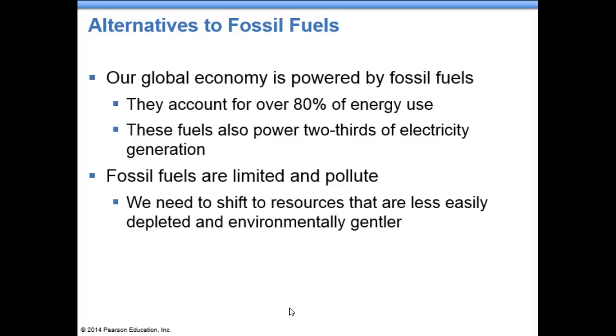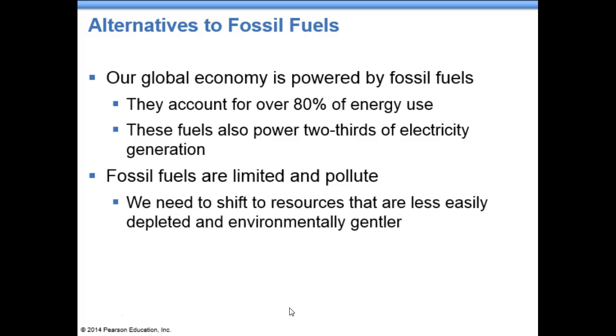So as you know from the last chapter, fossil fuels helped to drive the Industrial Revolution, and it really created an unprecedented material prosperity for the world. The global economy is largely powered by fossil fuels, with about 80% of our energy coming from oil, coal, and natural gas.